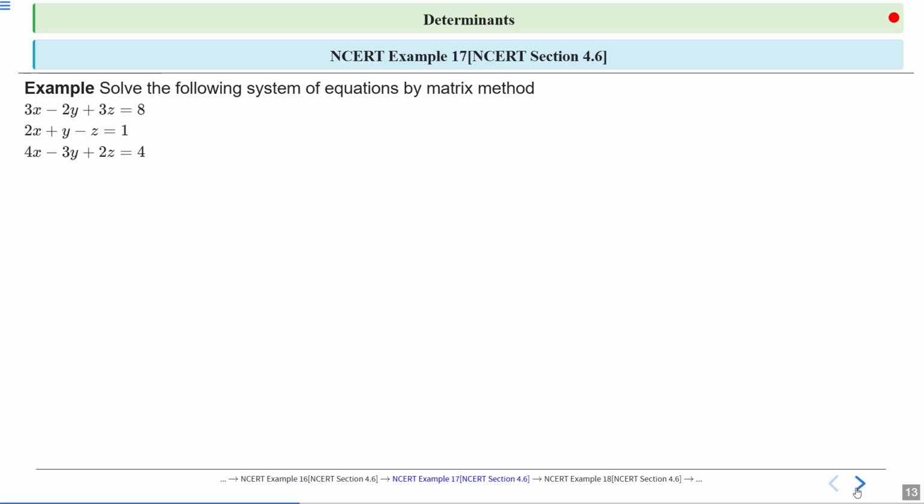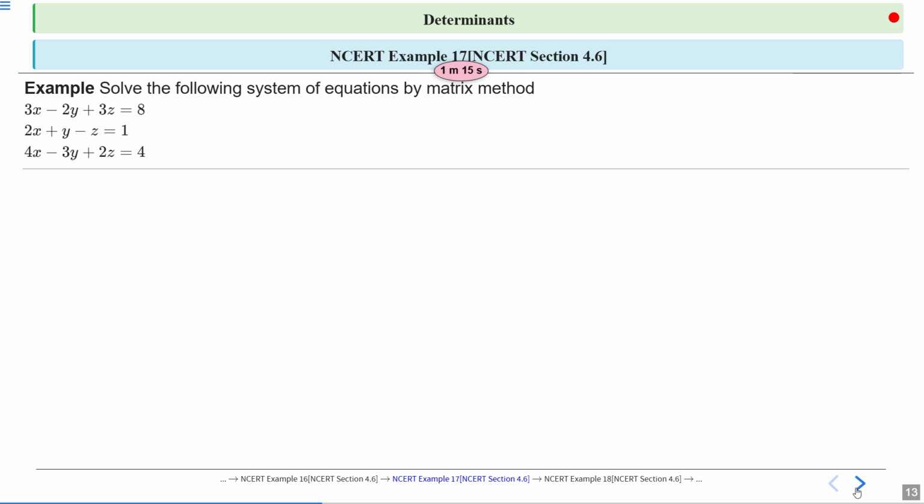Next example is: solve the following system of equations by the matrix method. The given system of equations is 3x minus 2y plus 3z equal to 8, 2x plus y minus z equal to 1, 4x minus 3y plus 2z equal to 4. So here is a system of three linear equations with three variables.